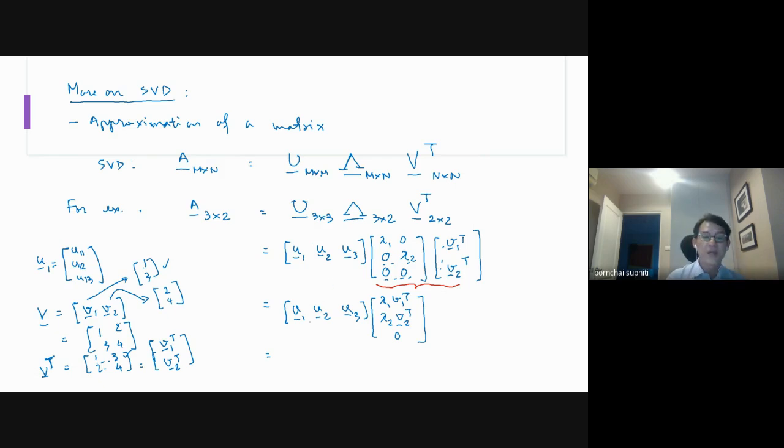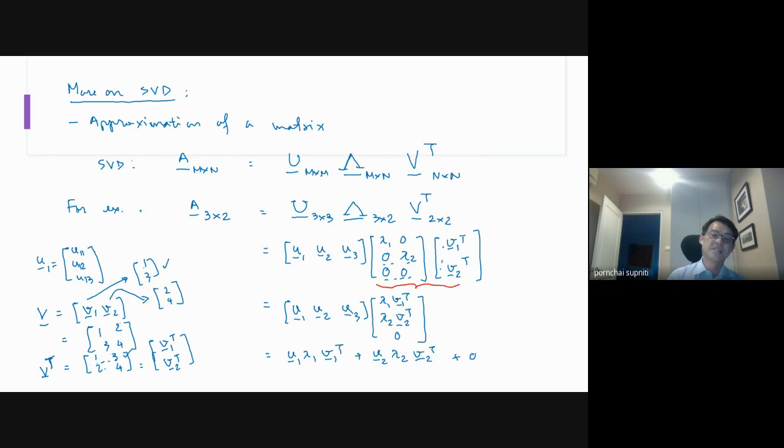But here I can just multiply the rows and the columns now. So what I get is U1 lambda 1 V1 transpose plus U2 lambda 2 V2 transpose, and then the third term multiplied with 0.